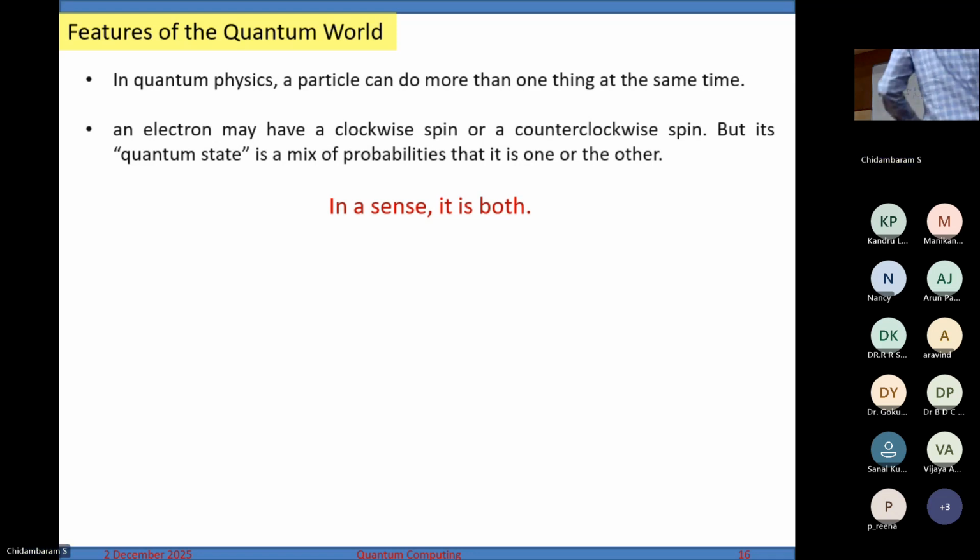Correct. See, why is it not possible? Because you don't have the operator. When you say it is not possible, why is it not possible? Because there is no operator.